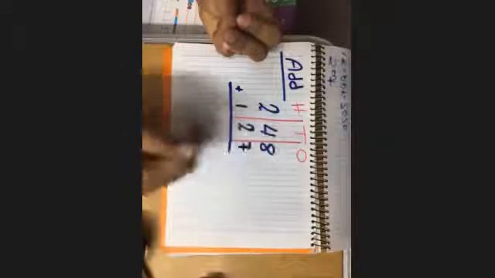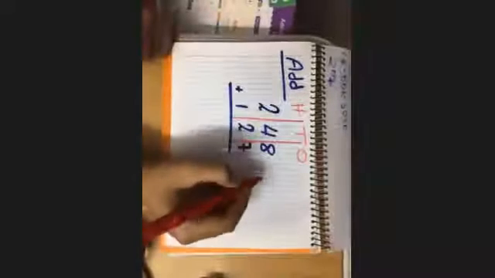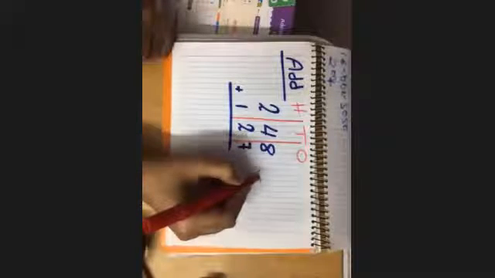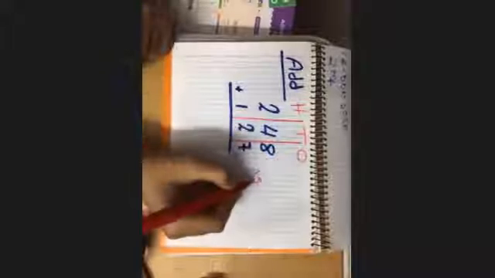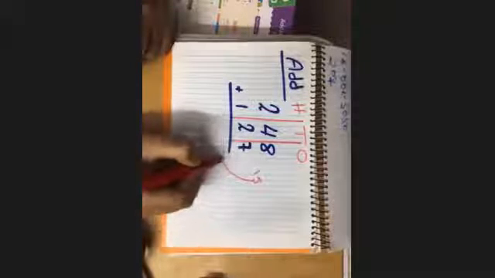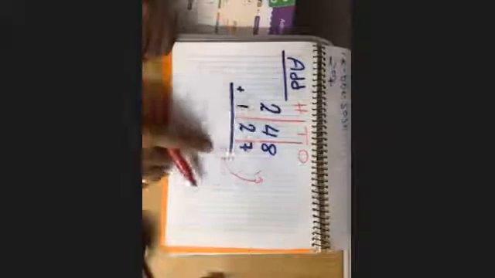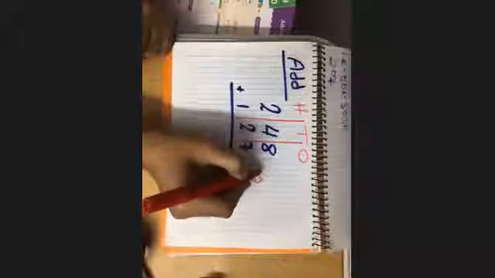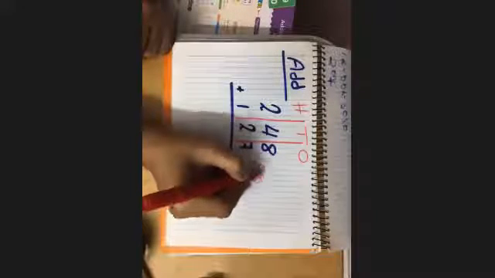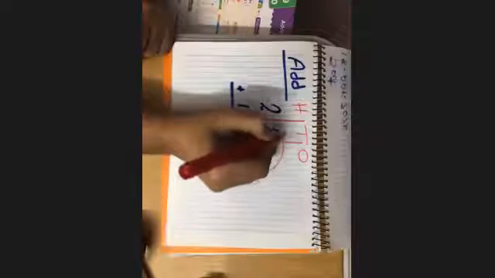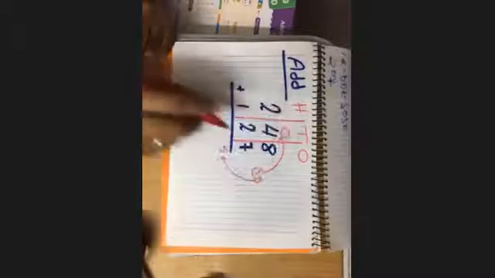So 8 plus 7 equals 15. I will write 15 here, take 5 and write it down here, and we will make something called carry 1. I will take this one and put it inside the circle.